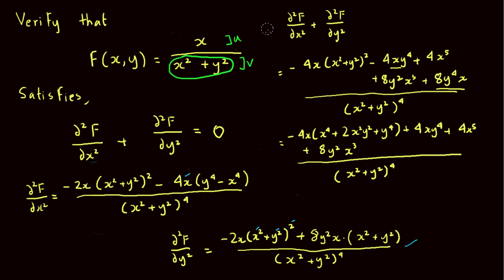So okay, I need to actually erase some of this space here. Let me rewrite del f del x squared first, then del y squared, so I think it's easier for us to see. So it's negative 2x (x squared plus y squared) to the power of 2. Okay, erase it.